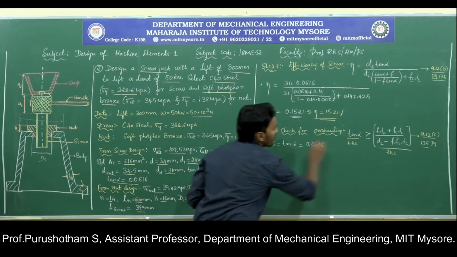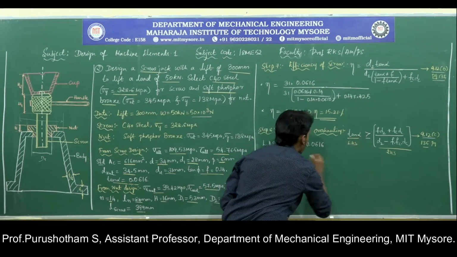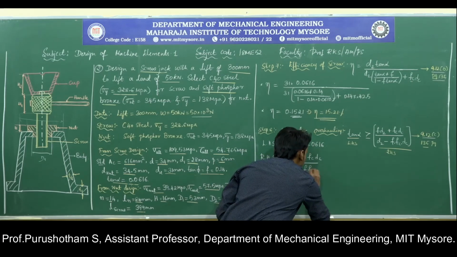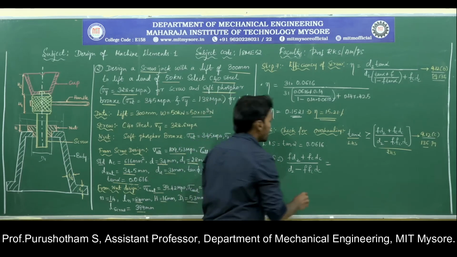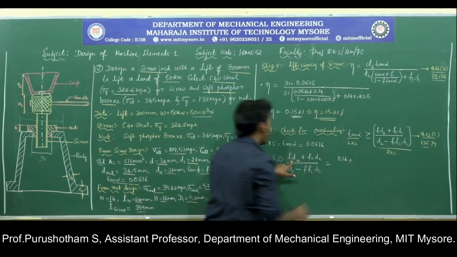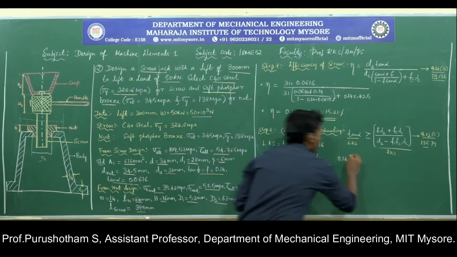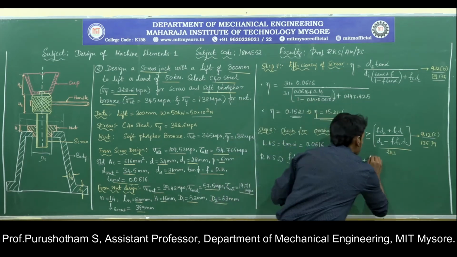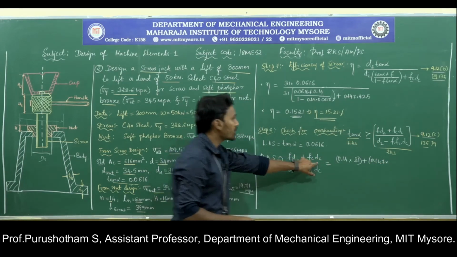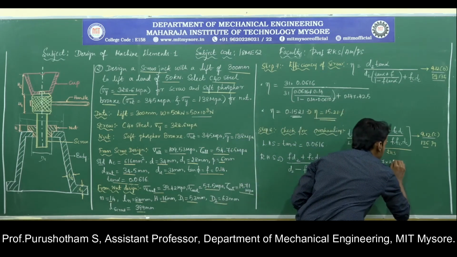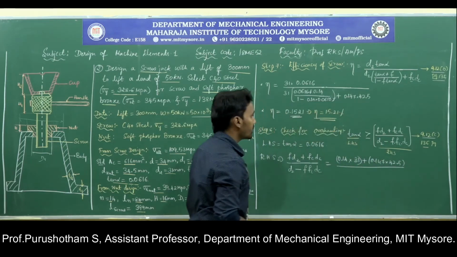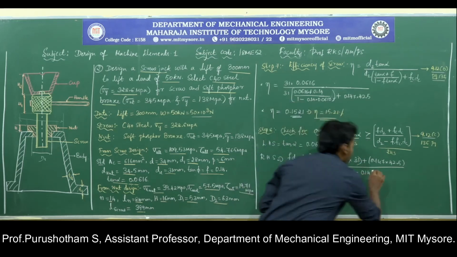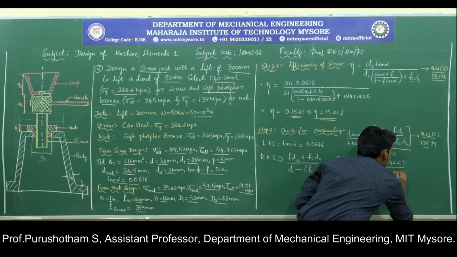Now the RHS is f d2 plus f_c d_c divided by d2 minus f f_c d_c. Substituting the values, f, the coefficient of friction for the screw, is 0.14, d2, the mean diameter of the screw, is 31 mm, plus f_c d_c, where the coefficient of friction for the collar is 0.147 and the mean diameter of the collar is 42.5, divided by d2, that is 31, minus 0.14 times 0.147 times 42.5.